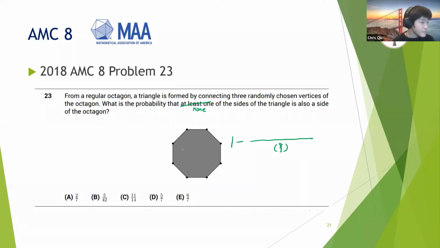So to find this probability, we want to find the number of ways to choose 3 points and form a triangle that does not have any edges on the sides. For example, this is one of the triangles.